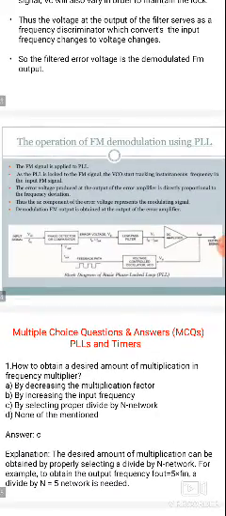Next, Vout is the output of the voltage controlled oscillator in terms of voltage, and Fout is the frequency of the voltage controlled oscillator. The phase detector output is the error voltage, Fs plus Fout and Fs minus Fout. The low pass filter removes the Fs plus Fout, so it removes the high frequency components and passes only the low frequency components.